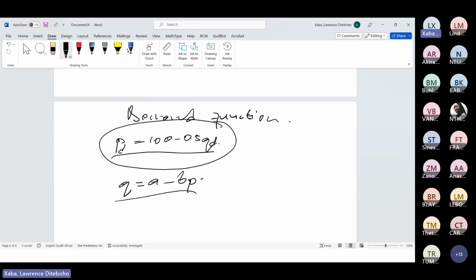But now if you look at this one, there's a transformation that needs to be done here. This is the original equation. So we have to transform this so it can appear as the standard form of the demand function. So what we're going to do is divide throughout by negative 0.5, so we can have our standard equation of the demand function.